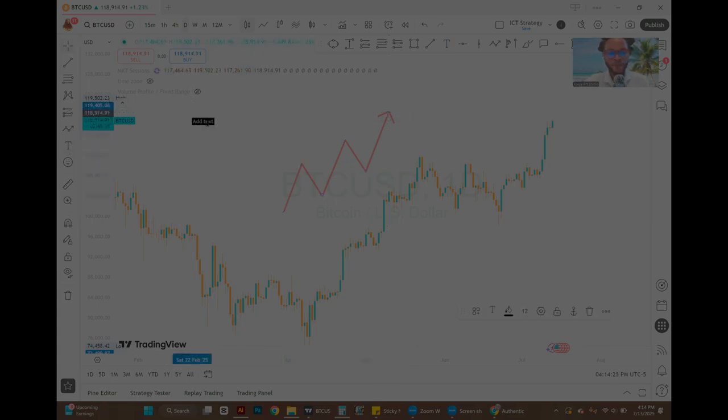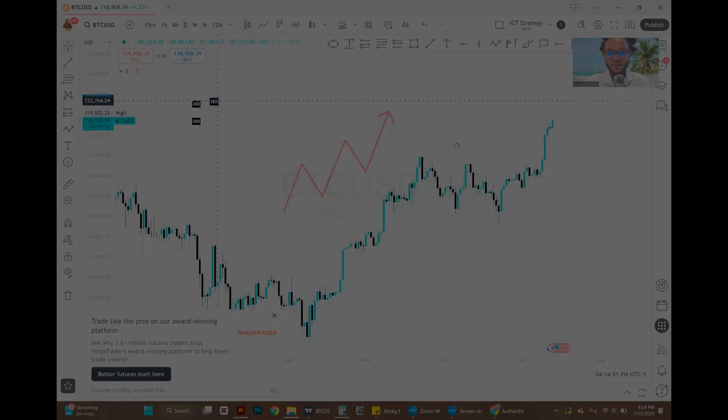Then we want to add our higher highs, right? And so overall on this chart, we would say this would be considered a higher high. This will be considered a higher high. And where price is now is a higher high.